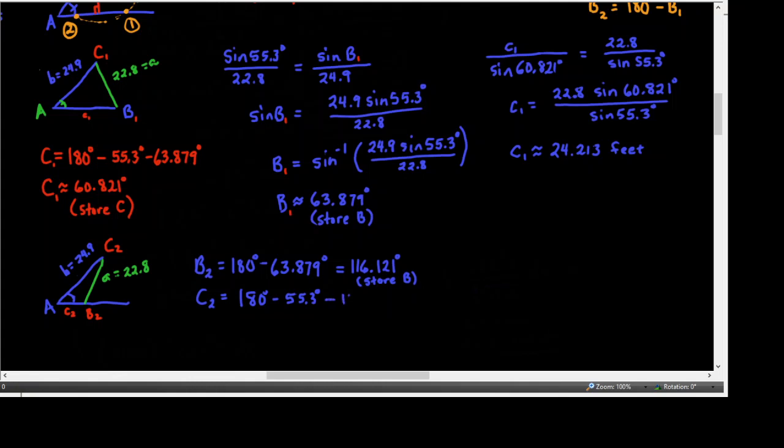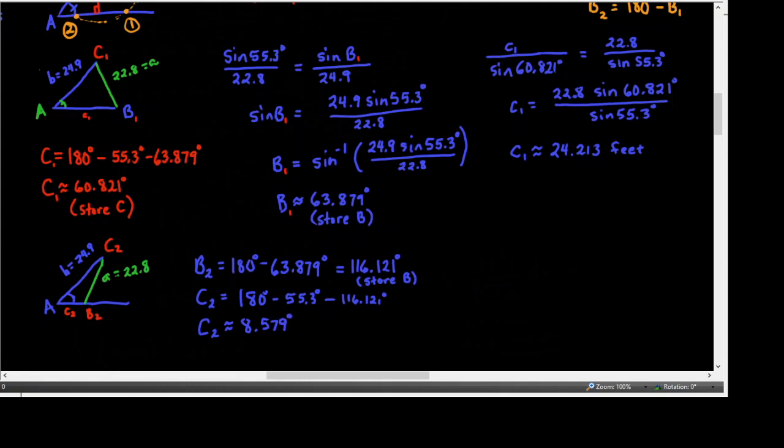Minus your stored value of B. And so if you type that in your calculator, making sure you use the stored number and not retype 116.121, angle C should be 8.579 degrees.